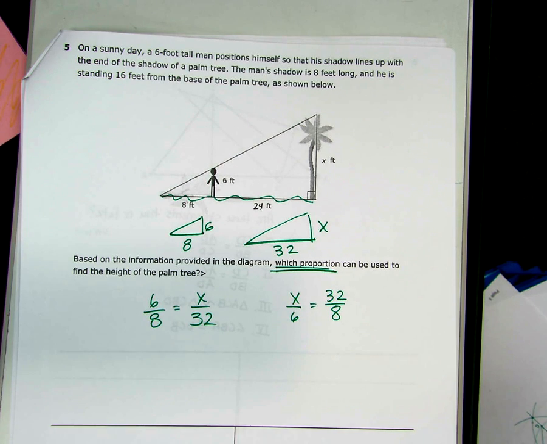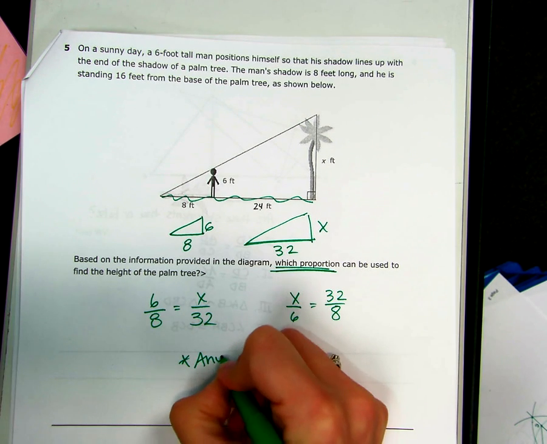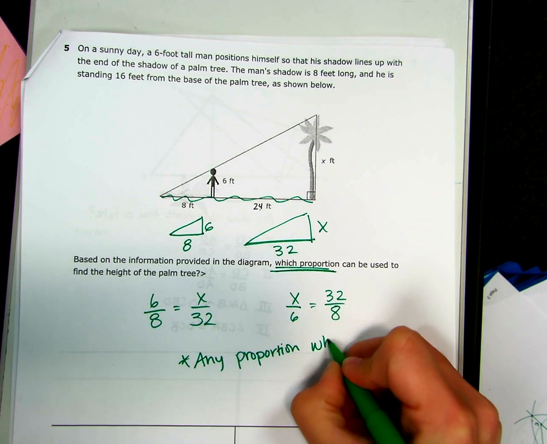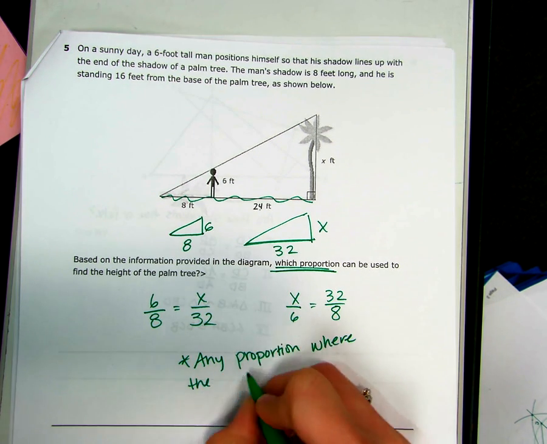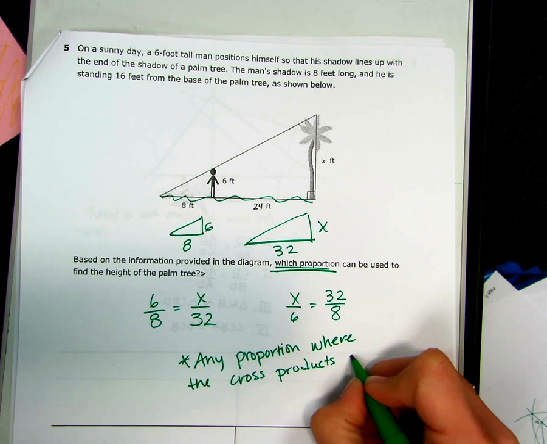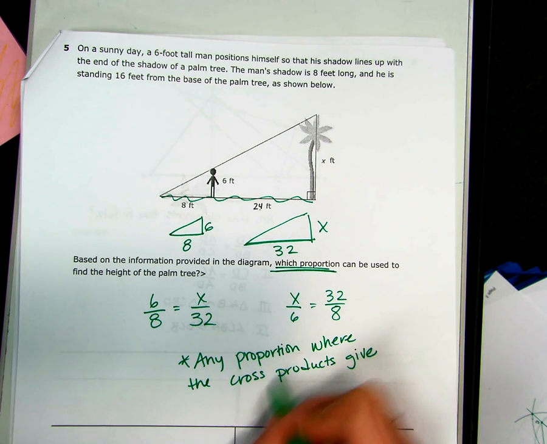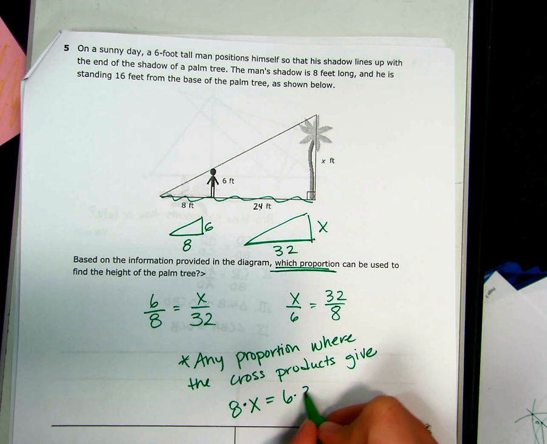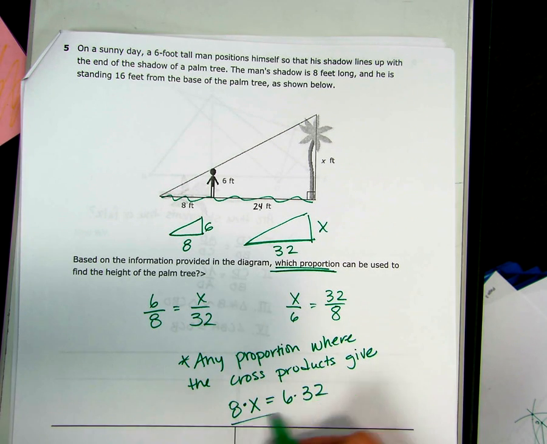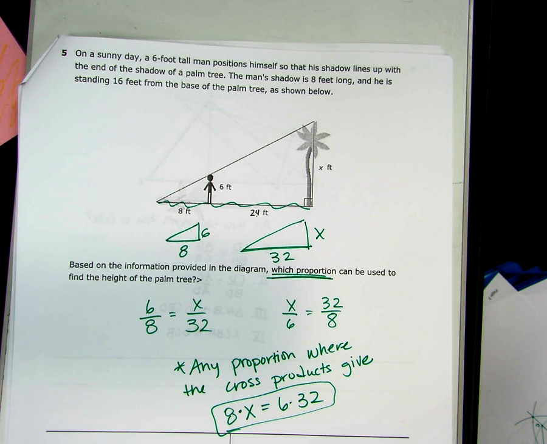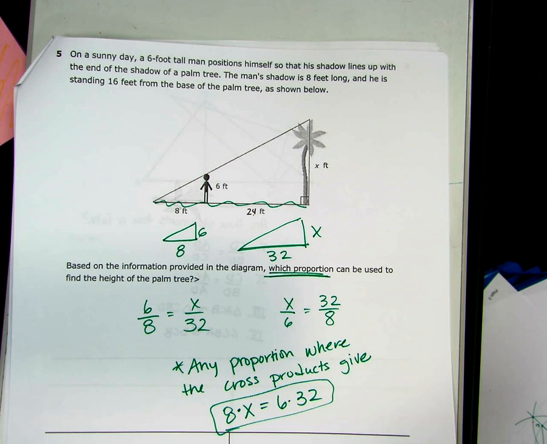The key here is it's going to be any proportion where the cross products give us x times 8 equals 6 times 32. If your proportion is giving you that product, then you've set up a good proportion. Remember, these are going to be multiple choice, so you've just got to be able to find a good one.